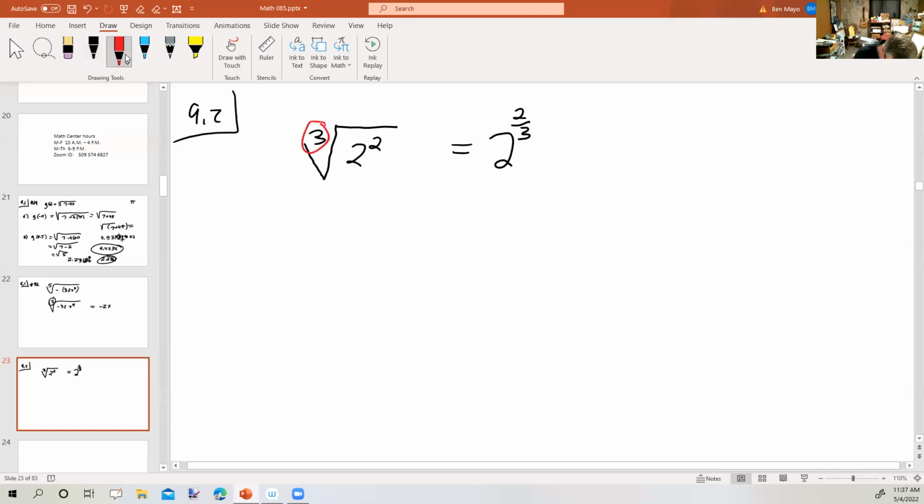So the index on the radical becomes the denominator of the exponent. And the power inside becomes the numerator of the exponent outside. So the cube root of 2 squared would be the same thing as 2 to the 2/3 power. So we've got the power on the top and the root on the bottom.